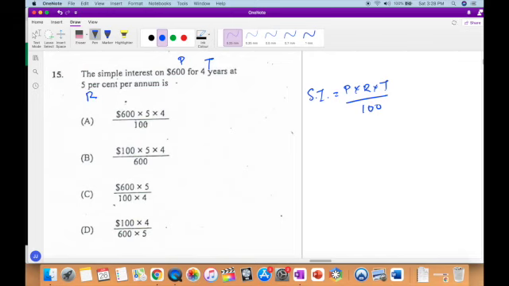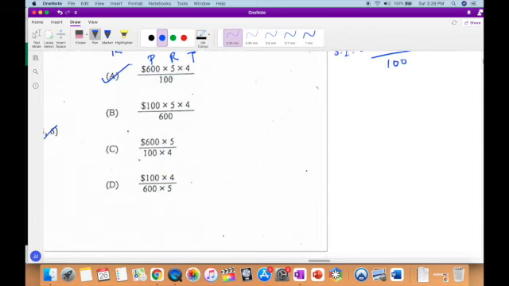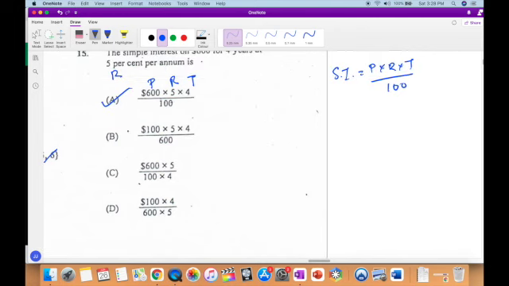It is principal by rate by time over 100. This is the answer, and thankfully they didn't even ask you to figure it out, right?